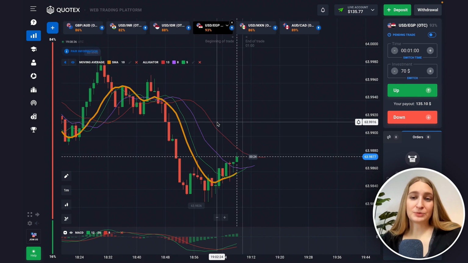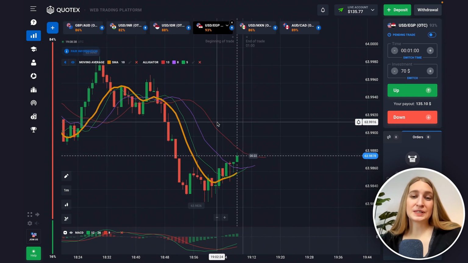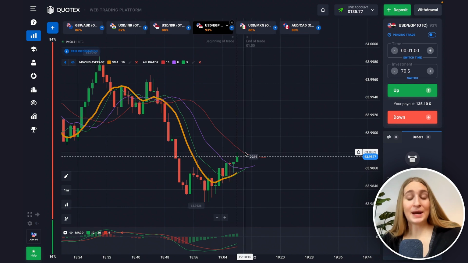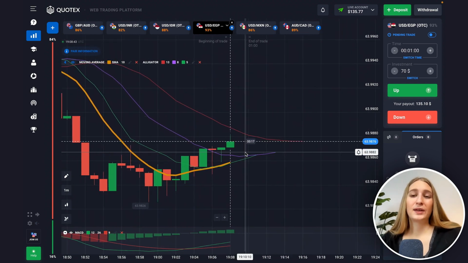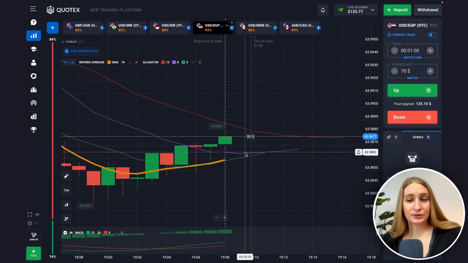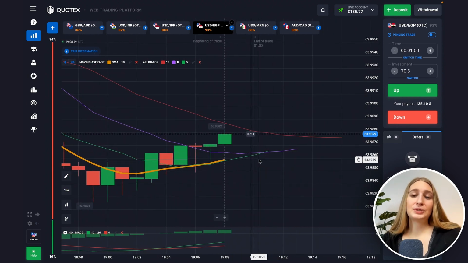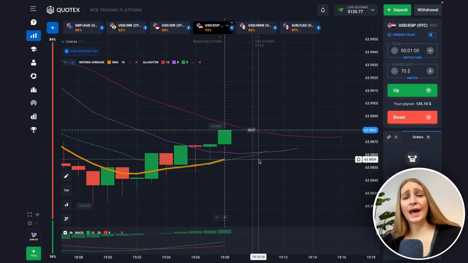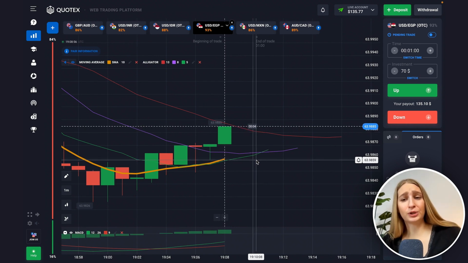Or what important price levels, maybe historical, exist for this currency pair? Okay, you see there are a lot of rules and points that you need to know, you need to see and search, and so yeah, as I mentioned, it's really big work for every trader.